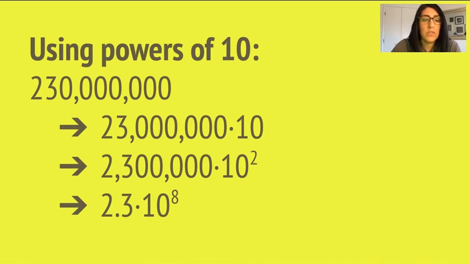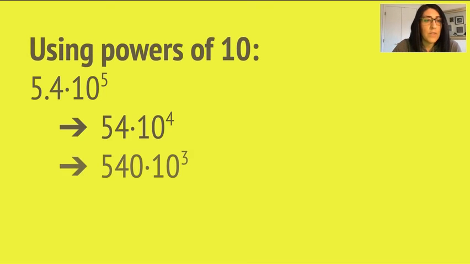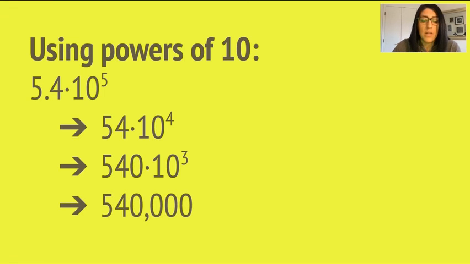We can think of it as 2.3 times 10 to the 8th. And again, remember some of the components talked about writing that multiple of it between 1 and 10. If we use powers of 10 here, 5.4 times 10 to the 5th can be written in a couple of different ways as you see listed.